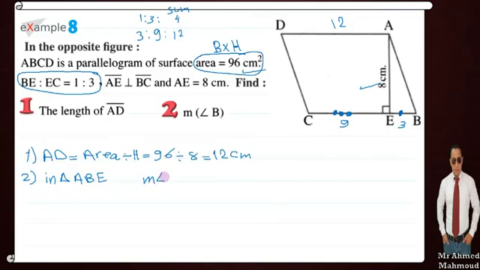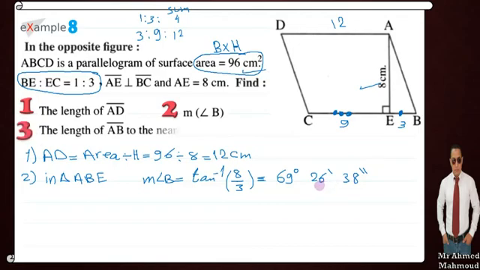The measure of angle B equals shift tan of 8 over 3, which equals 69 degrees 26 minutes and 38 seconds. This is the measure of angle B.